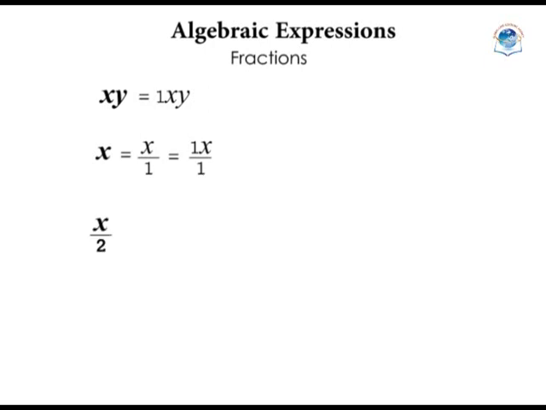And so if you have x over 2, it means 1x over 2. And you can separate the coefficient and the variable so that you have 1 over 2x. X over 4 also means 1 over 4x. 2x over 3 means 2 over 3x.